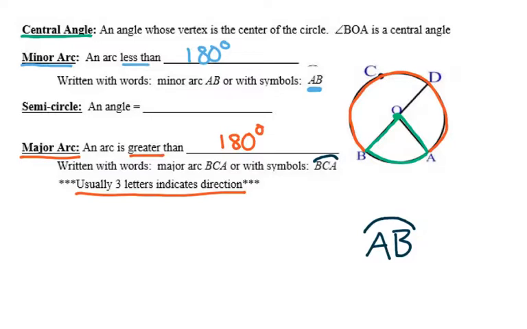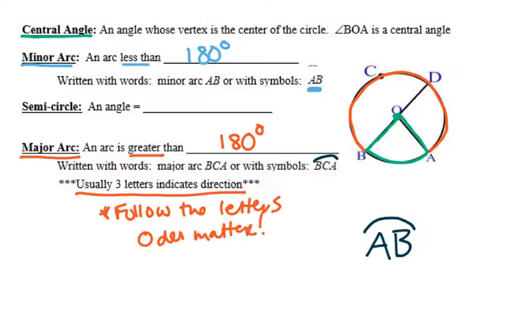So you want to make sure to follow the letters here. Order makes a difference here. So make sure that you're always going through and following the order of those letters. So if I went from B to A and then to C, that's going to represent a totally different arc within our picture here.